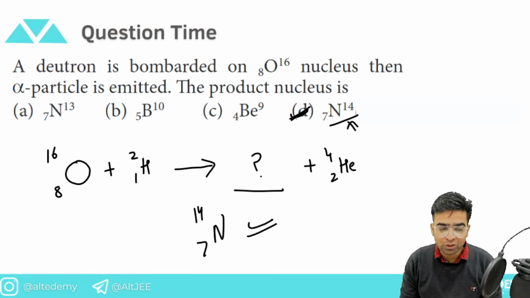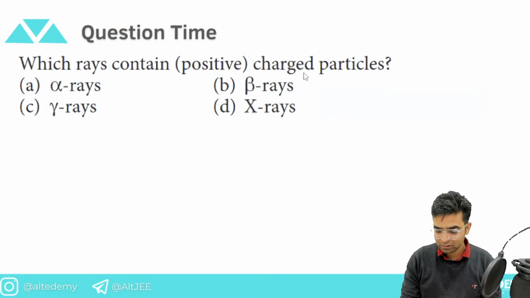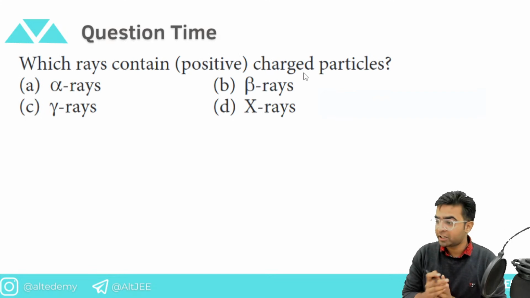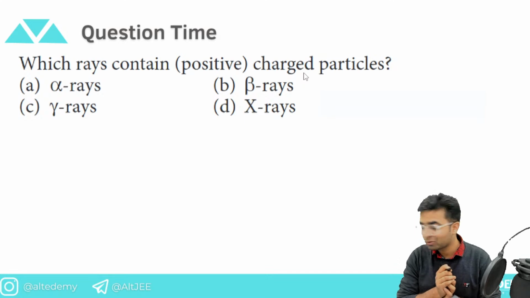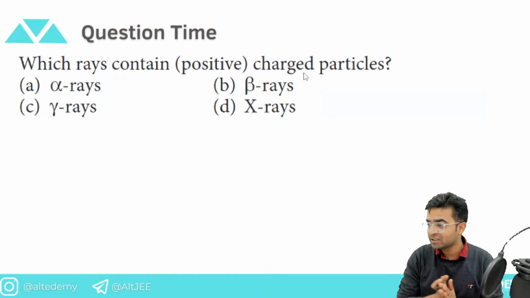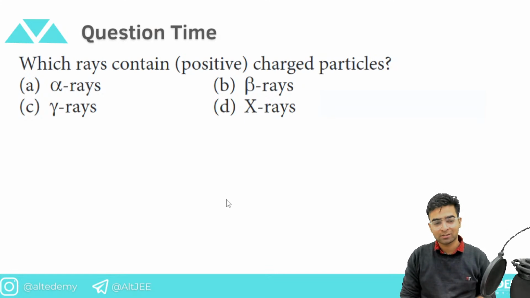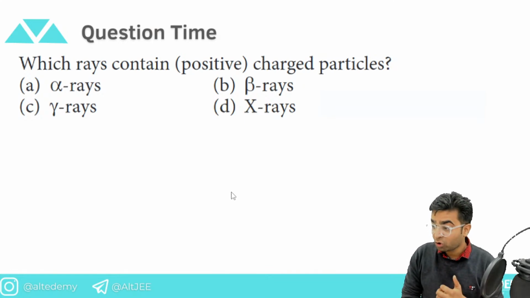Now let's try to do this. Which ray contains positive charged particles? We are talking about positive. Which rays are positive: alpha, beta, gamma, X-rays?